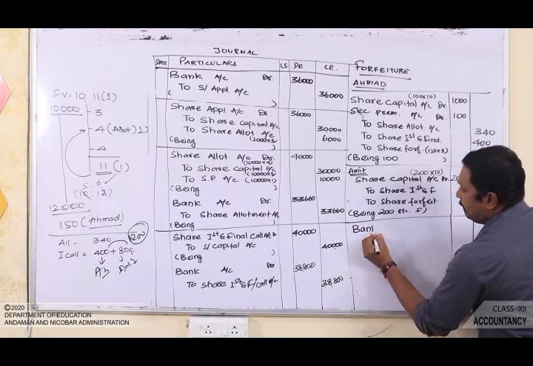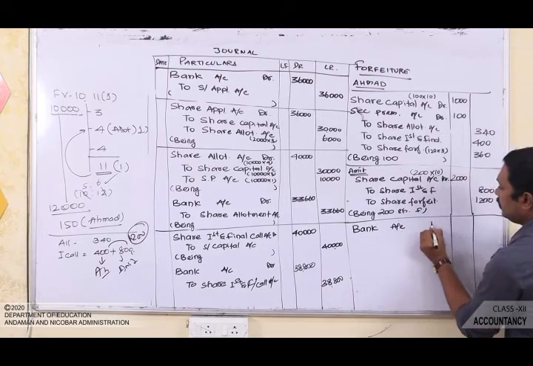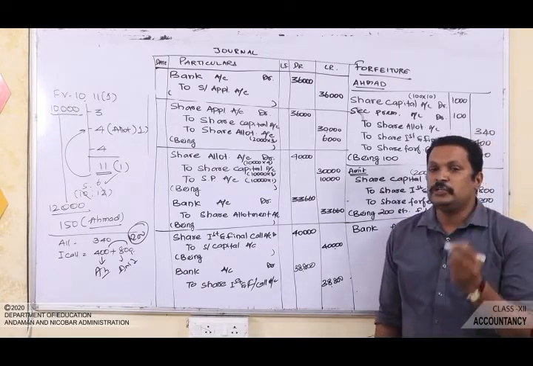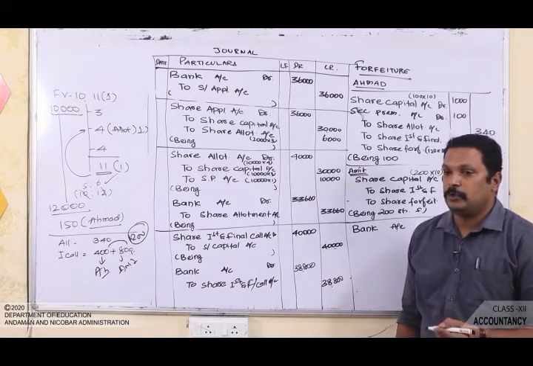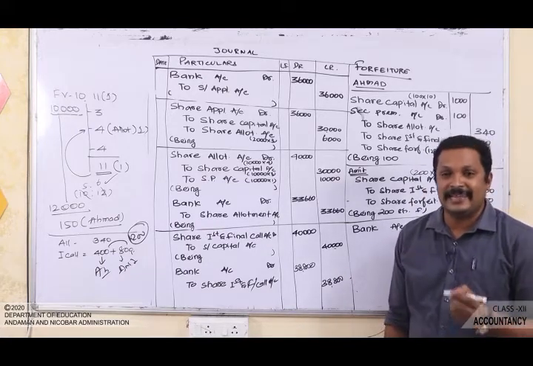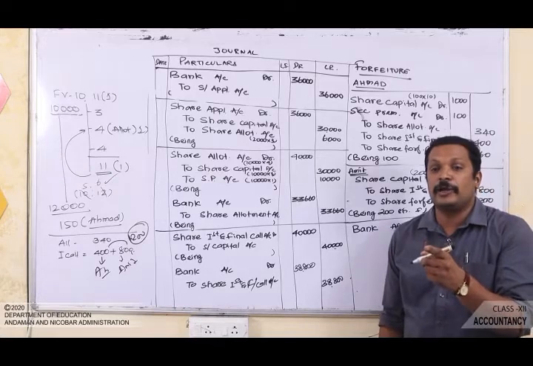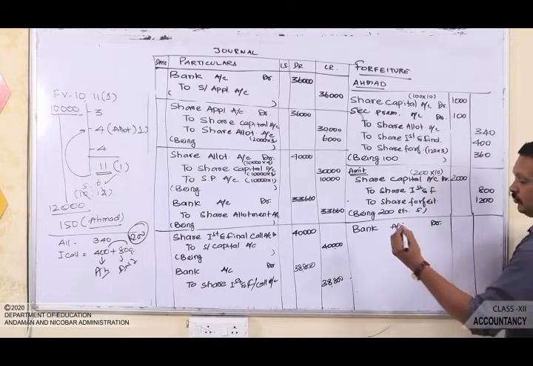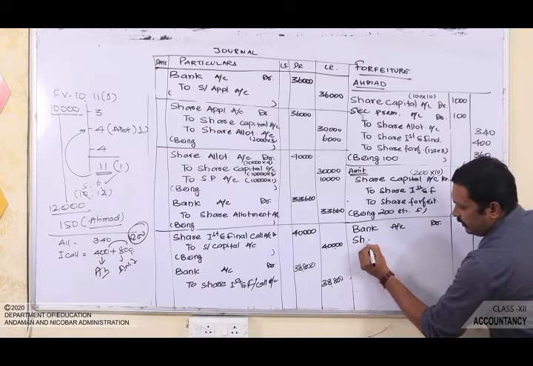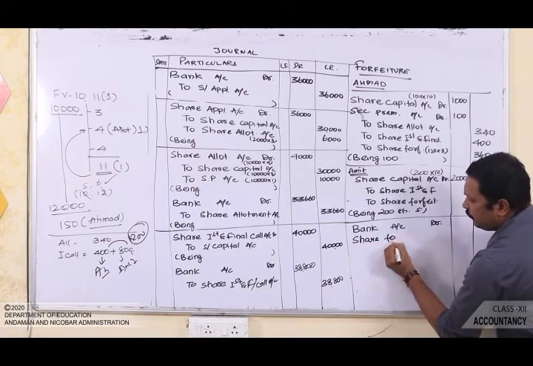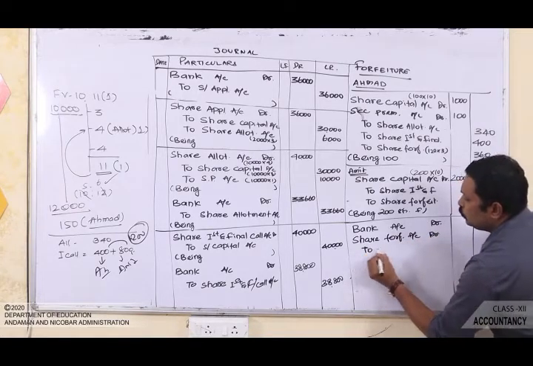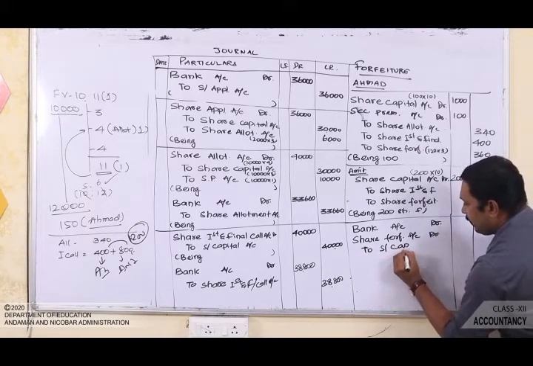Then bank account debit. Now, note the question. We reissue at discount because the face value of the share is 10, but we are reissuing at rupees 8. So we incurred a loss of rupees 2. So, bank account debit, share forfeiture account debit, to share capital.